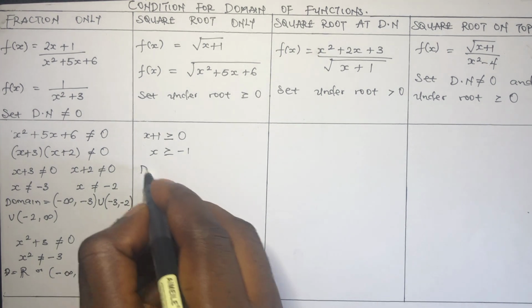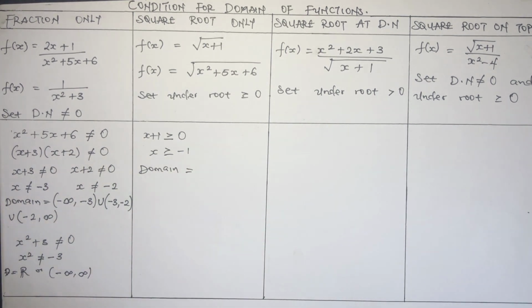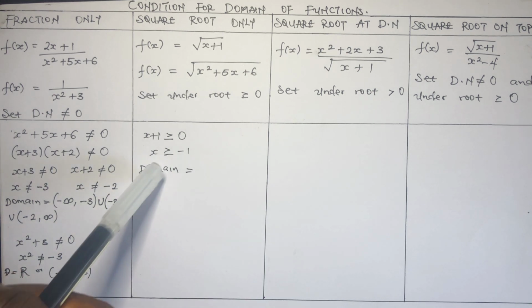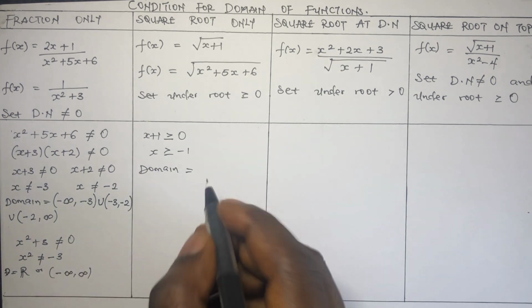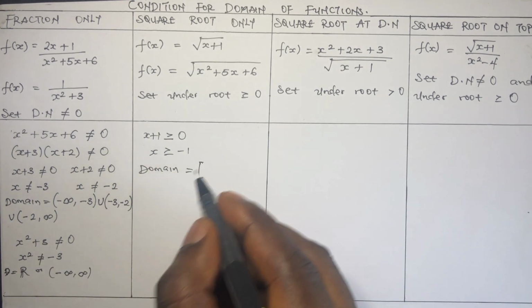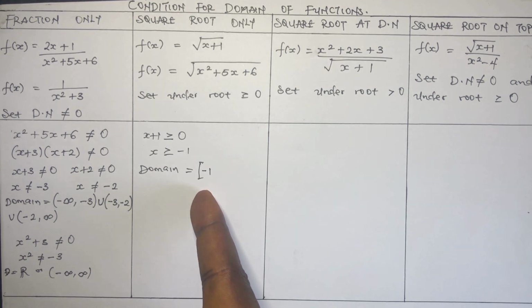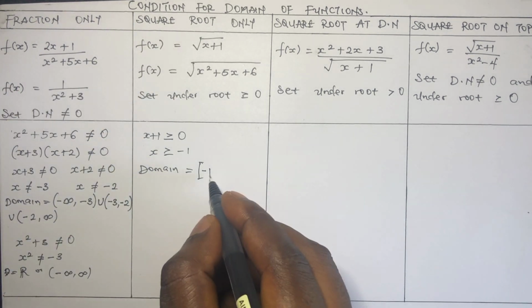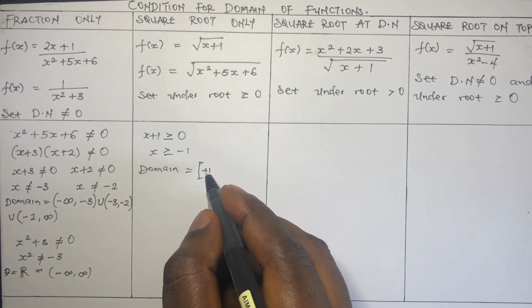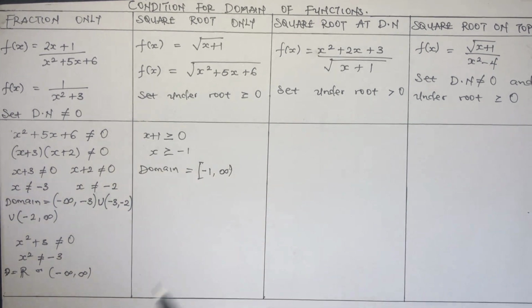If we want to write the domain of this function, we know that x can also be equal to negative 1, or it can be greater than negative 1. So we are going to use what we call the square bracket to show that negative 1 is included in the domain of this function, up till positive infinity.